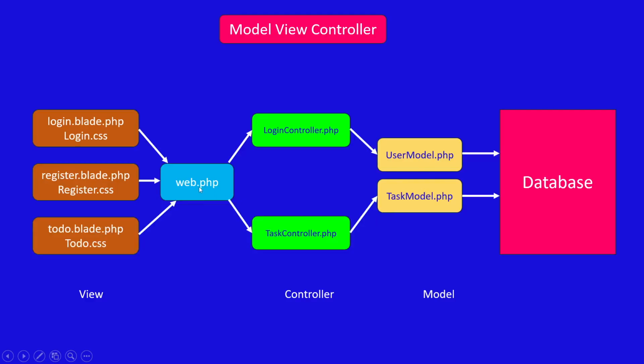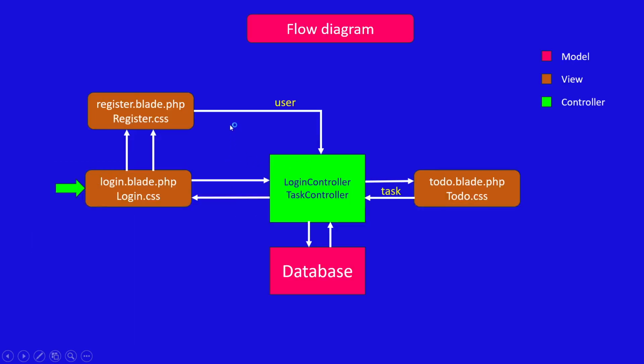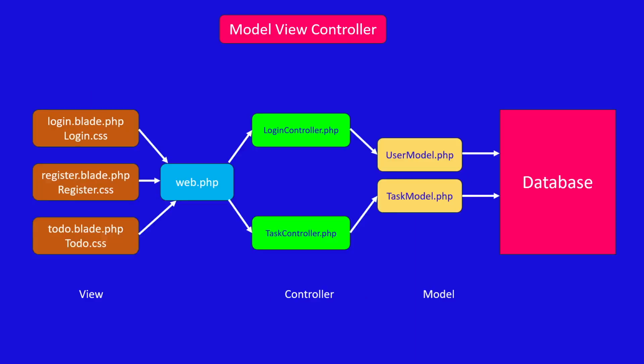There is a web.php. This will act as a route and it will direct the front end to the back end. See here, there are a lot of flows to and fro from back end to front end. It will be very difficult to write code. To streamline all these processes, we are using this web.php.